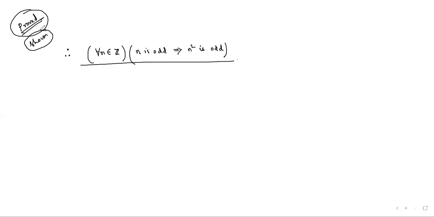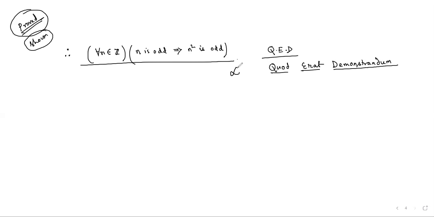Now, when you see a mathematical journal or mathematical paper, you will see that when a mathematician completes the proof, they don't write proved or shown. They write something else. It is called QED. What does QED mean? QED means quod erat demonstrandum.